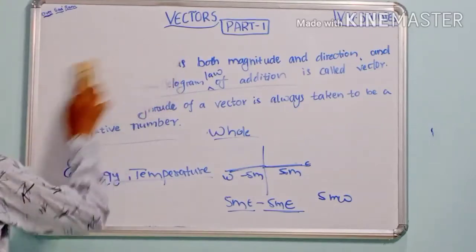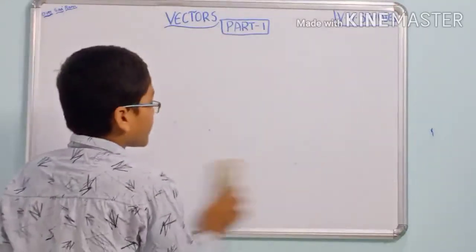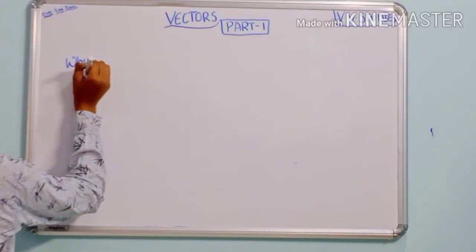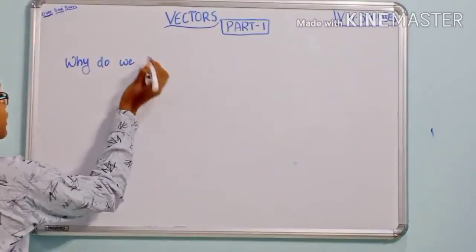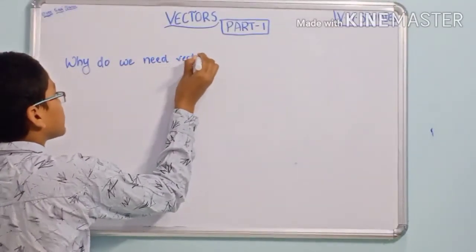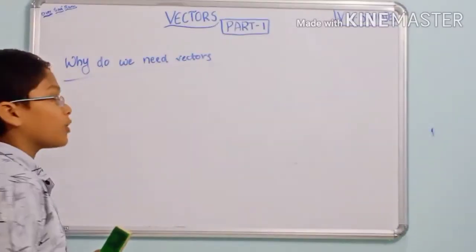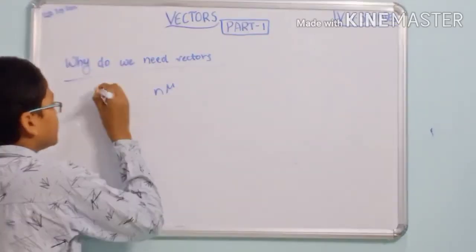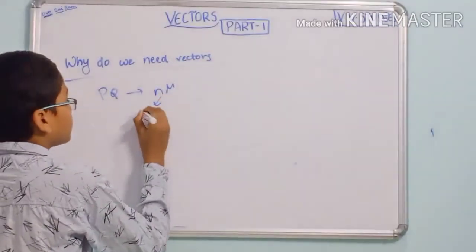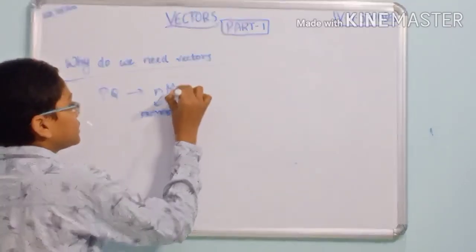Now, actually we are discussing about vectors. But why do we need vectors? Yes? Why do we need vectors? A physical quantity is in the form n u, where n is the numerical value and u is the unit.